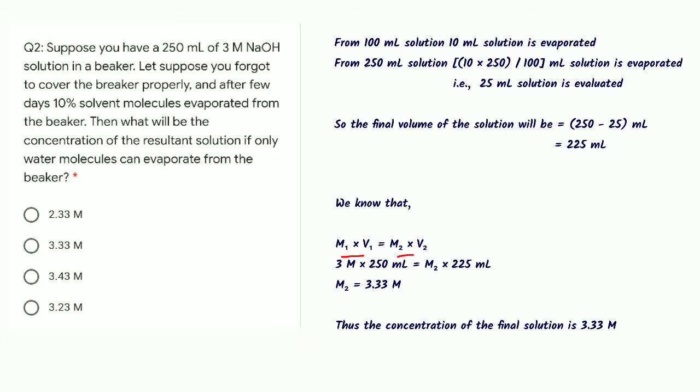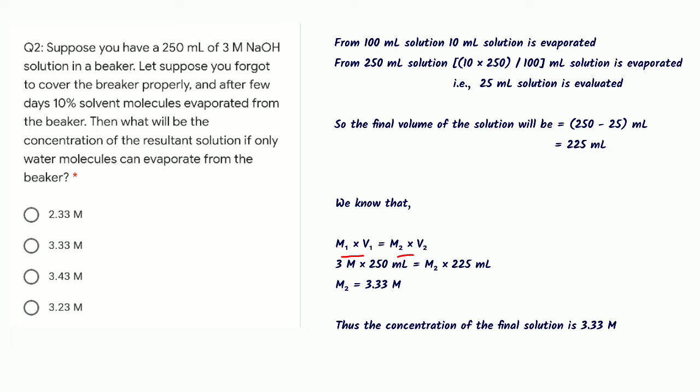Let's suppose M1 represents the initial concentration of the solution in molar, and V1 represents the initial volume of the solution, and suppose M2 represents the final concentration of the solution after removal of the solvent, and V2 represents the final volume of the solution after removal of the solvent.